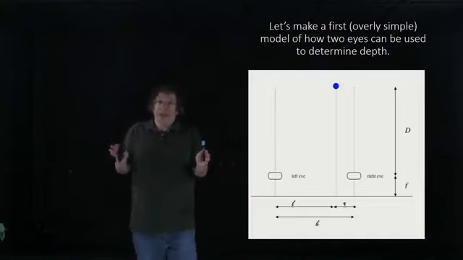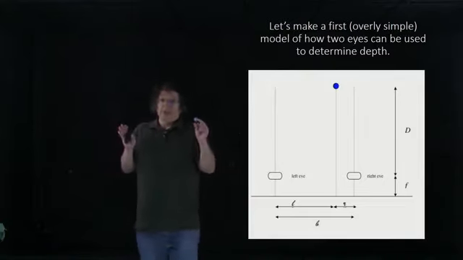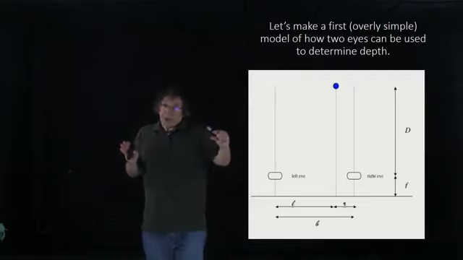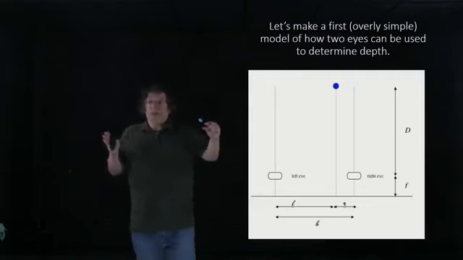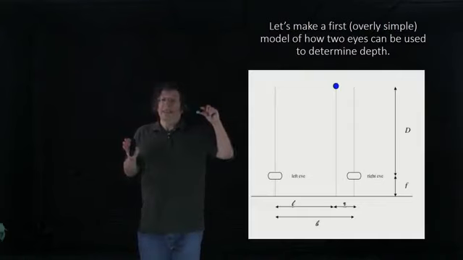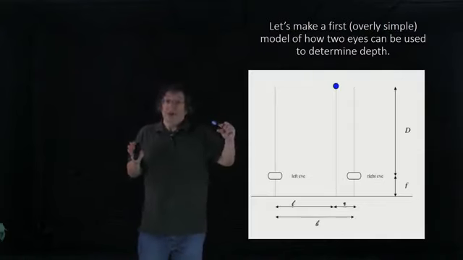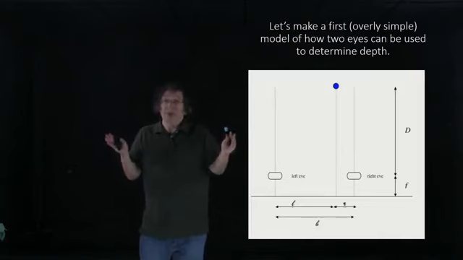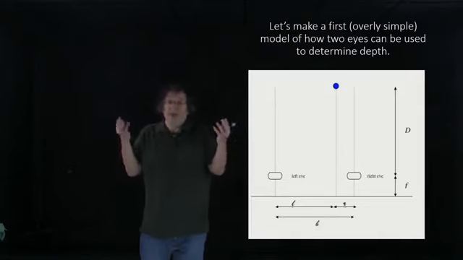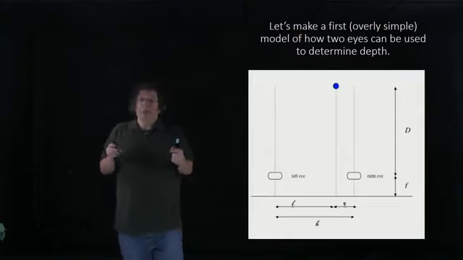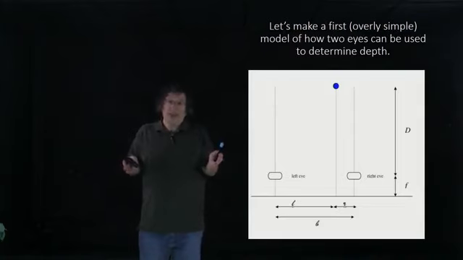Now, a couple of things to note here. F, the focal length of the lens of the eyes, is a constant. So F is not going to change. You can think of F as a known number that always stays the same as we walk around. B, the distance between our two eyes, is likewise a constant.